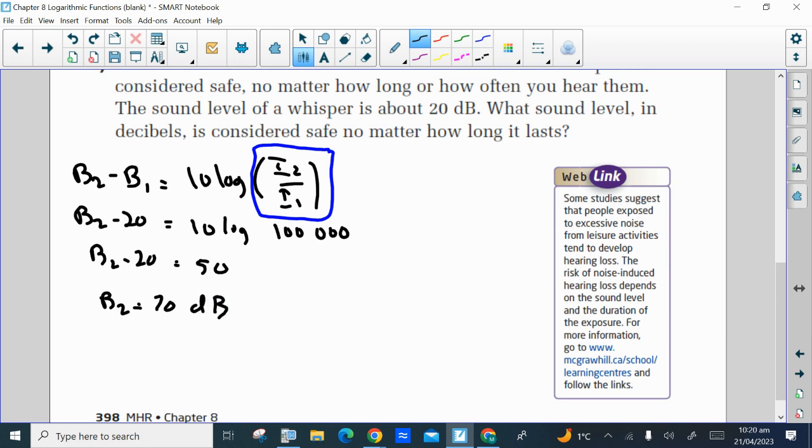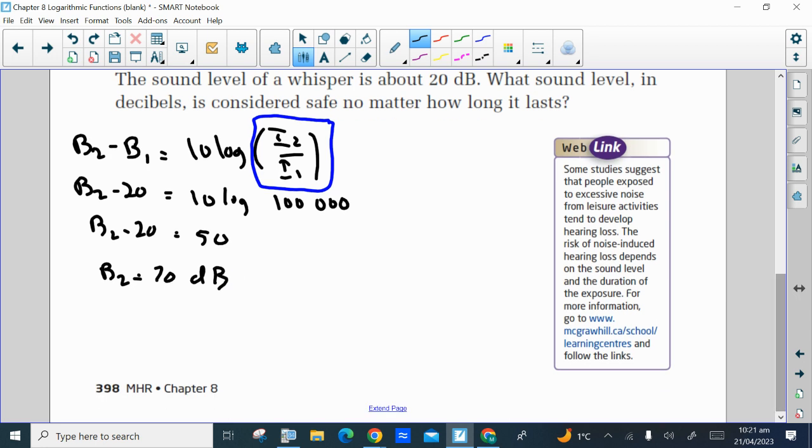So that's a sound level that is 100,000 times more intense than the sound level of a whisper that you can listen to for as long as you want, and it should not affect your hearing. Okay?